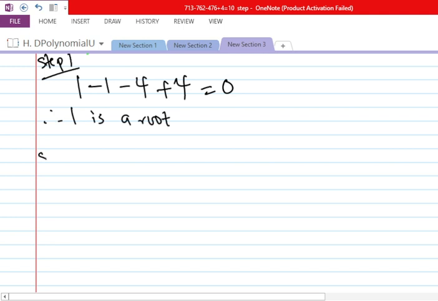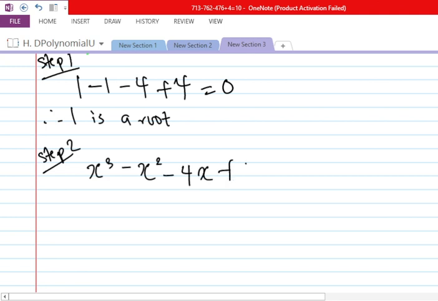So let's check out step 2, to know if minus 1 is a root. So let me write out my polynomial function again. In this part, there's something we're going to do: we're going to add, not multiply or anything.